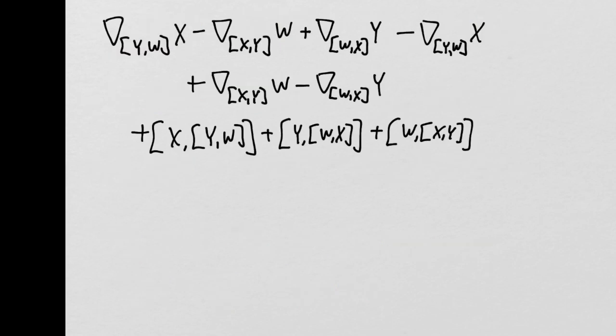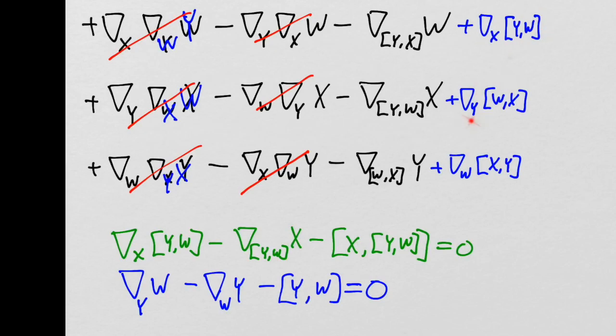So after I substitute for this, this, and this using the torsion-free formula, this guy here, for example, is going to be expressed as, instead of the covariant derivative in the direction of the vector x of a commutator, it's going to flip, right? That's going to get substituted. I'm going to replace this with this equaling these two guys.